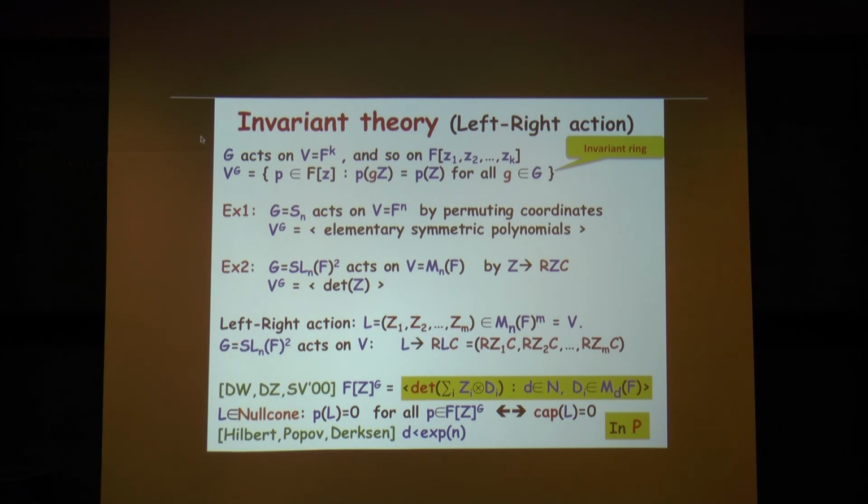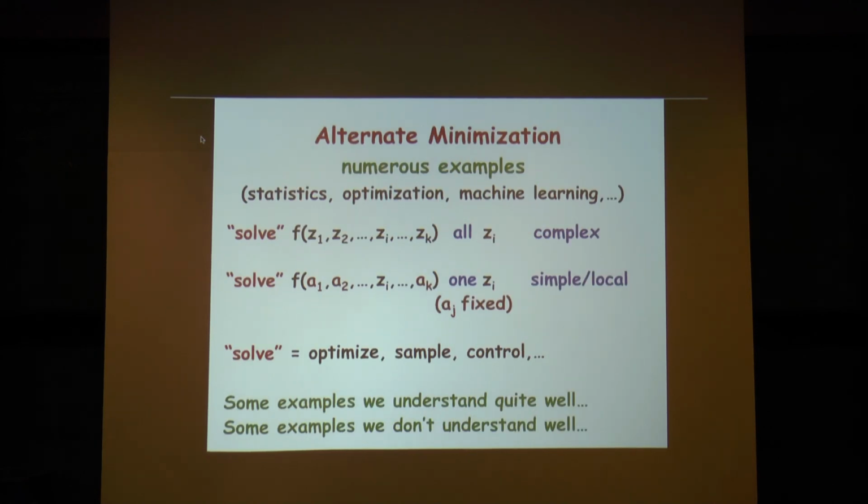Okay, now I have a lot more, but I need to finish. So I'll just take a couple of minutes to talk about alternate minimization, because this is analyzing some type of alternate minimization algorithm.